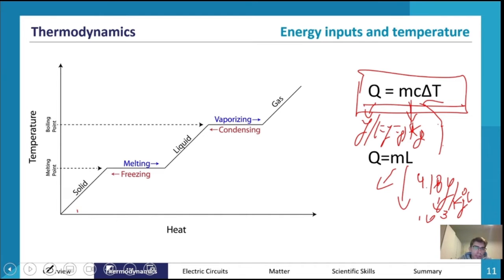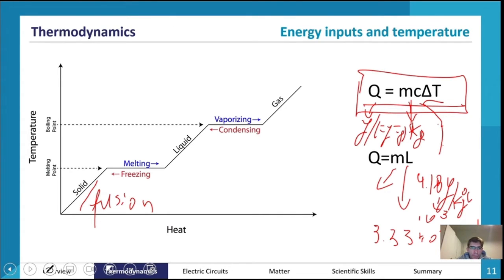The latent heat of fusion. The latent heat of fusion is the amount of energy required to melt an ice cube into liquid water, and I think it's around 3.3 times 10 to the power of 5 joules per kilogram. Don't quote me on it.